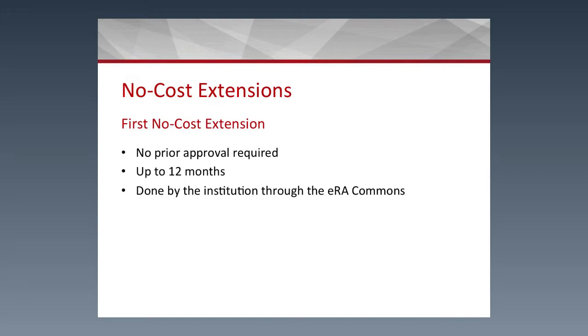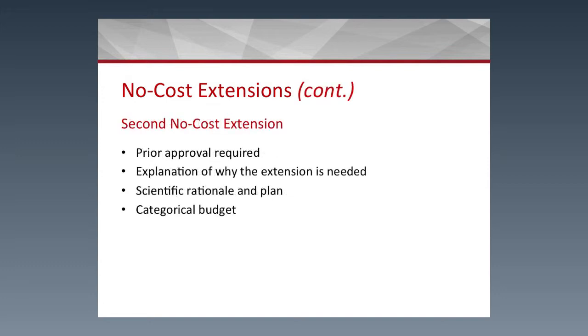You can actually do this as a grantee through the e-commons, which is electronic access to your account or your grant, and you would be able to initiate the first no-cost extension yourself through the e-commons.